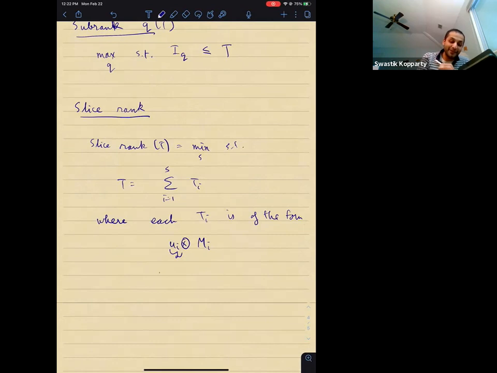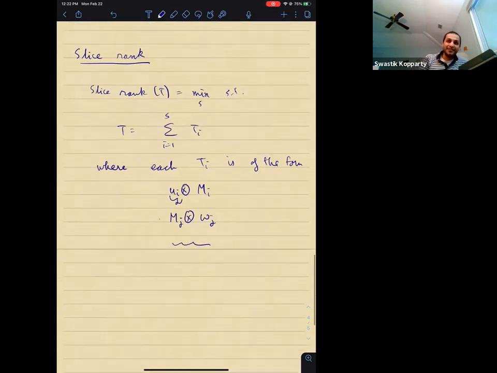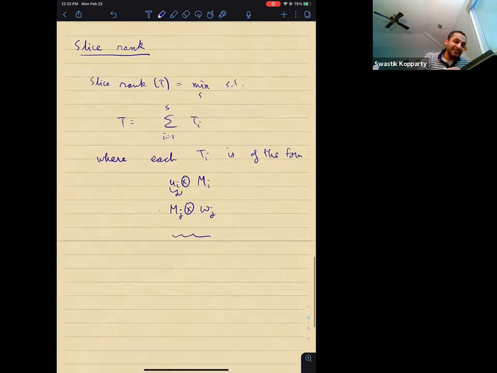Okay, so the middle term I don't know how to call it. I'll also say M_j tensor W_j, and then there's another thing which, okay, fine, my notation wasn't good, and there's a third kind. Okay, good. Okay, this is slice rank.